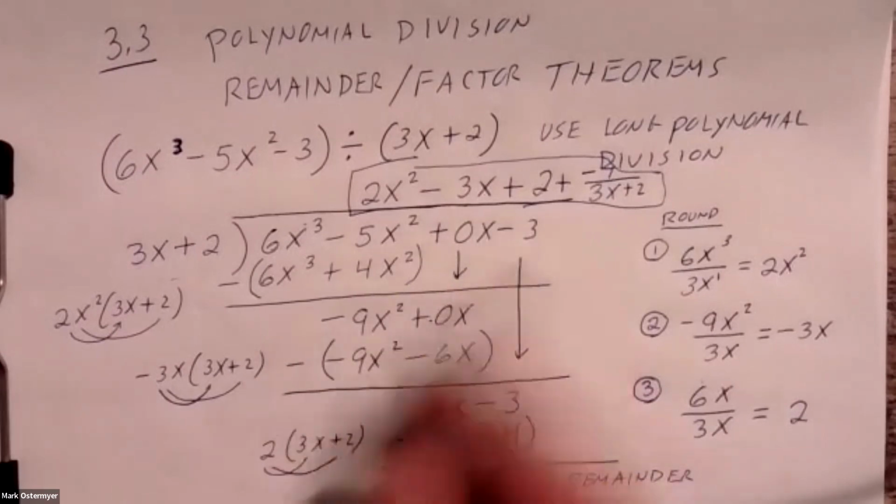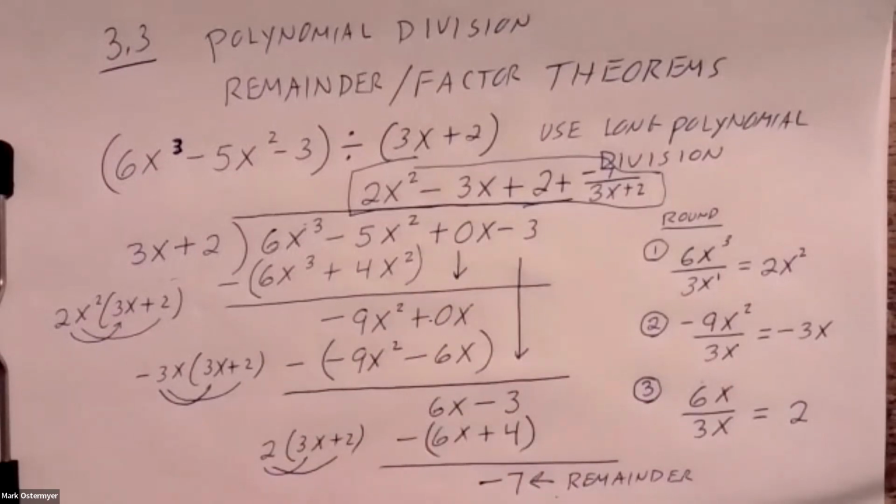Now, a way of checking your answer lies in what is called the division algorithm, which is laid out in your textbook in this section. And this division algorithm says that a polynomial function can be written as the product of the divisor polynomial times the quotient polynomial plus any remainder polynomial.